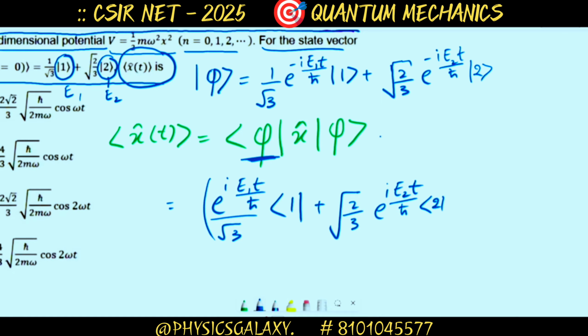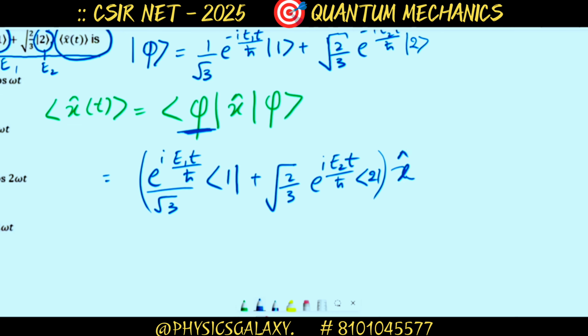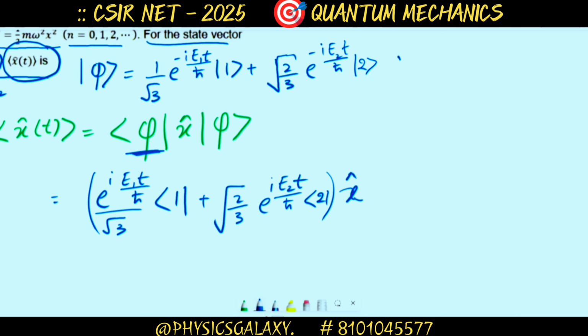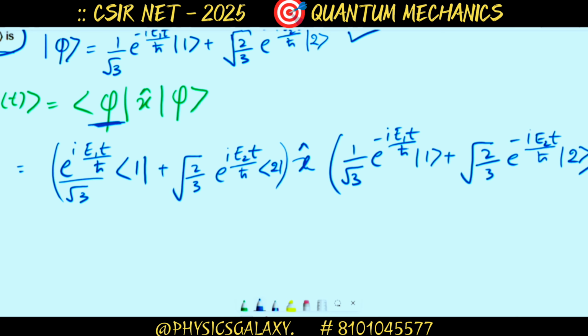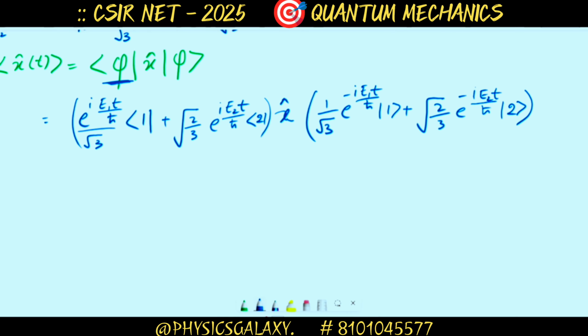Then the x operator, and then the ket. The ket is simply this one: 1 by root 3 e to the power minus iota E1 t by h cut |1> plus root 2 by 3 e to the power minus iota E2 t by h cut |2>. Okay, so we need to solve this expectation.